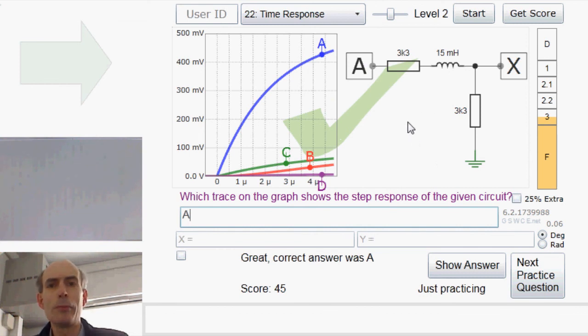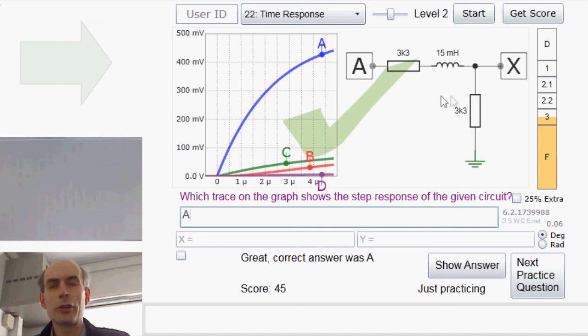So that's level 2. They are a bit trickier, but if you remember those 3 useful rules. The time constant is the time it takes to get 63% of the way to its final value for a first order circuit like this.